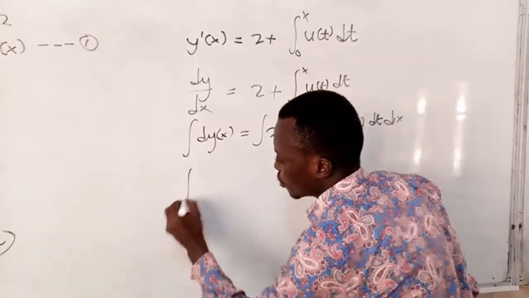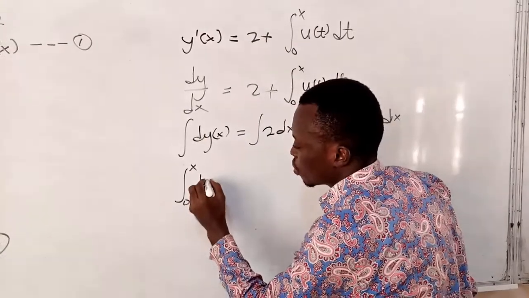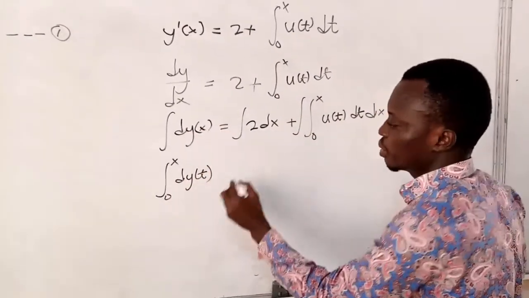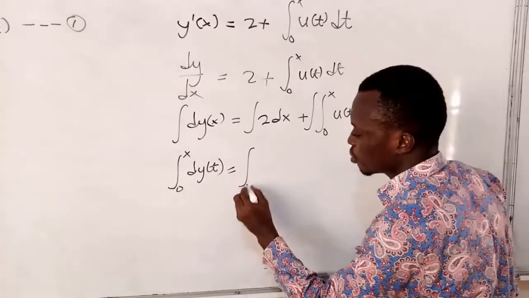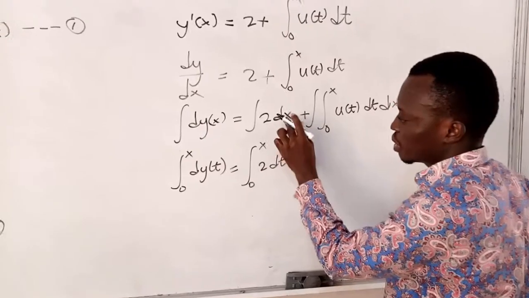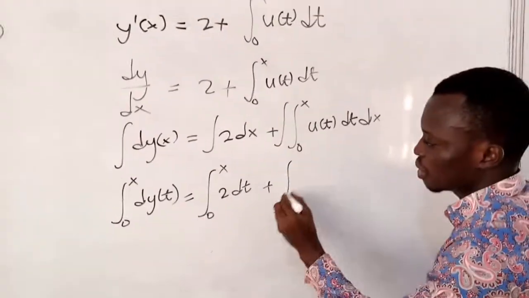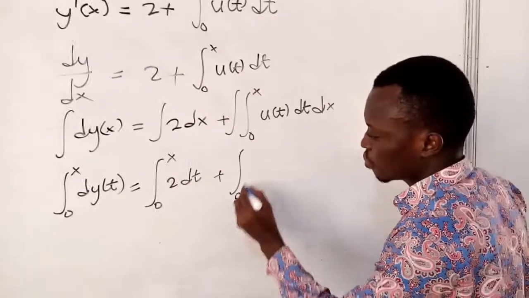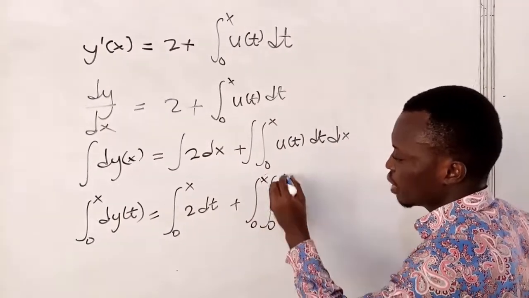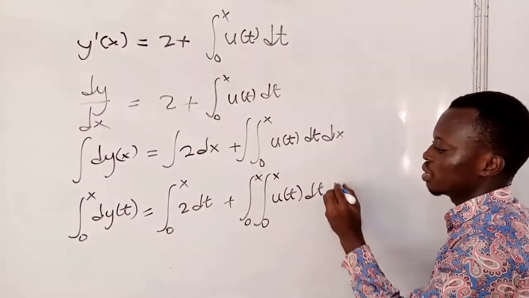So the integral from 0 to s of y prime of t, changing the variable here again, is equal to the integral from 0 to s of 2 dt. There's s in there, so you have to change it to a dt, plus the integral from 0 to s, then the integral from 0 to s of u of t dt dt.